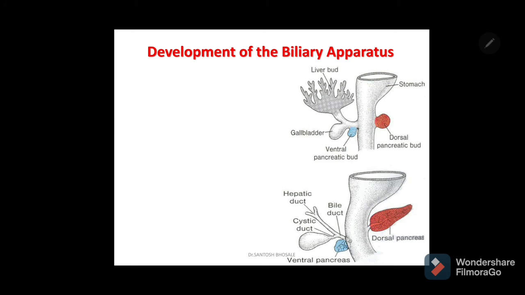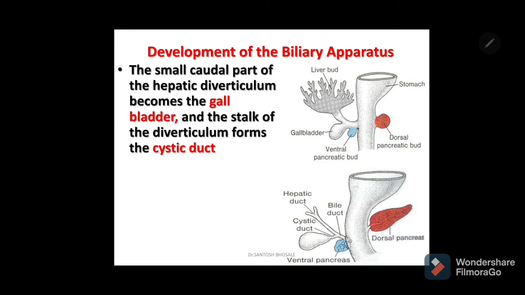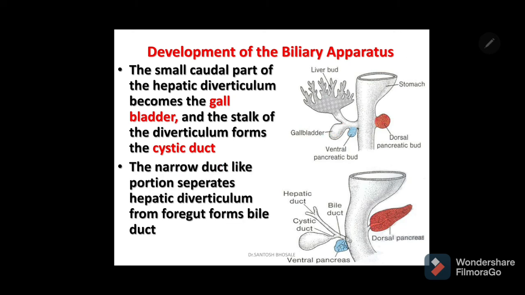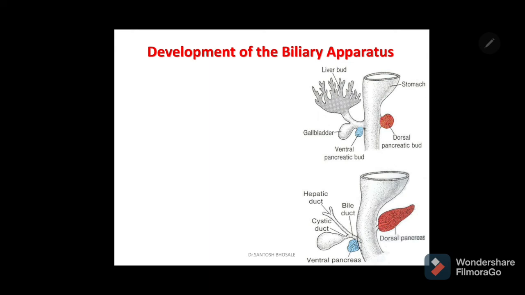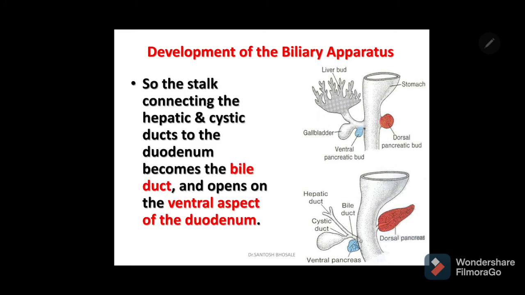And coming to the development of the biliary apparatus, as we have already discussed, the smaller caudal part that you can notice here forms the gallbladder, and the narrow duct-like portion which separates the hepatic diverticulum from the foregut forms the bile duct.